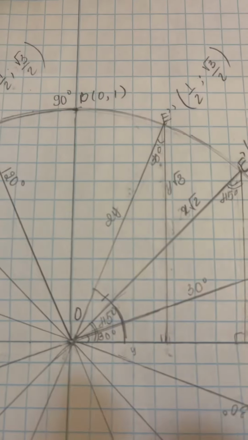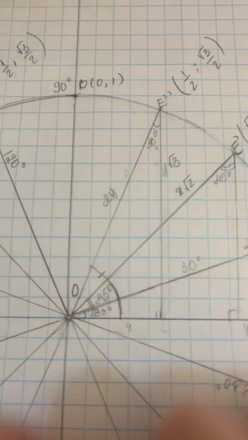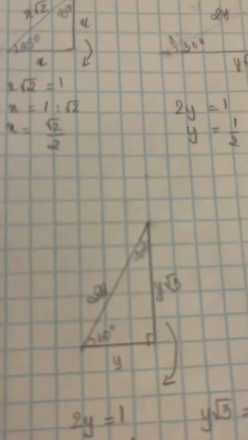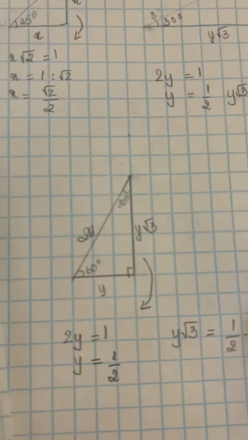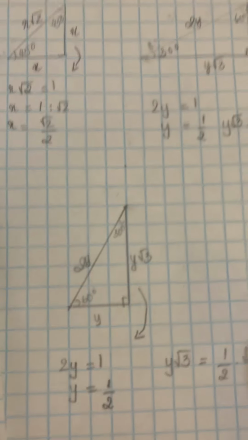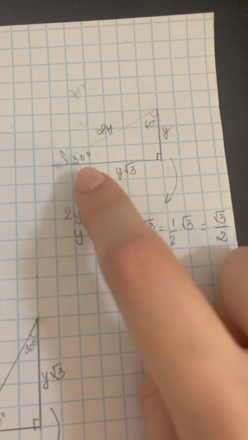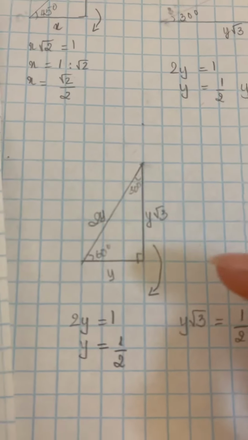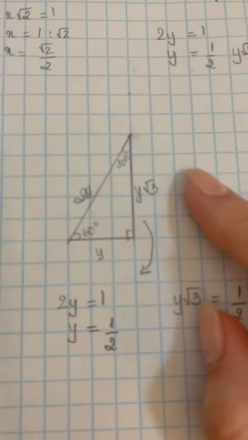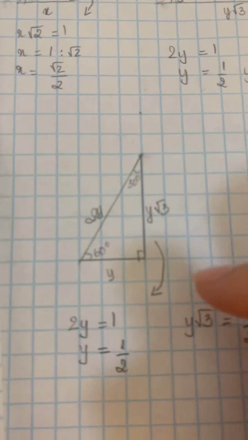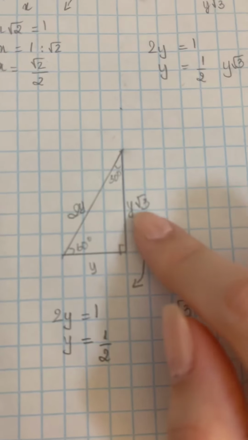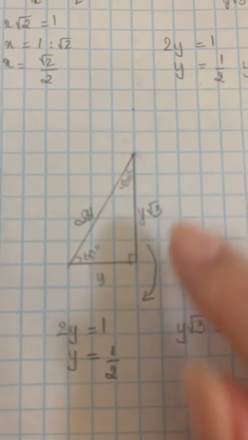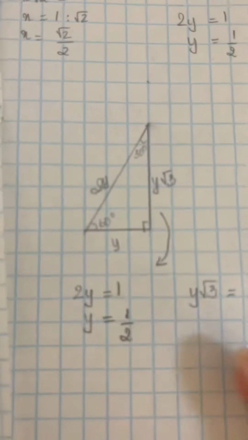The last one is the E second triangle. It has 60 degrees. This is the same triangle as the 30 degree triangle, but with the angles rotated. To find this triangle's coordinates, we have to find y square root of 3 and y.